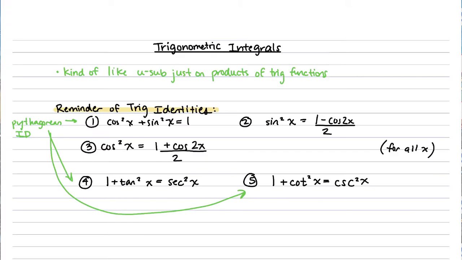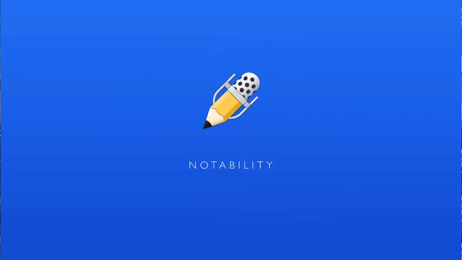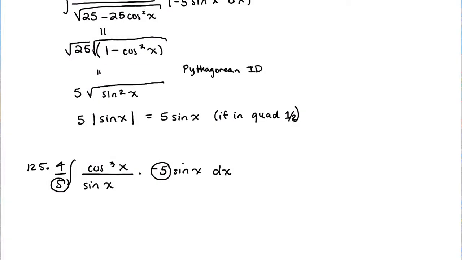So we get 125 times 4, and that's negative, and then we have the sine x in the denominator as well as the numerator, so those will cancel. That leaves us with cosine cubed x dx.